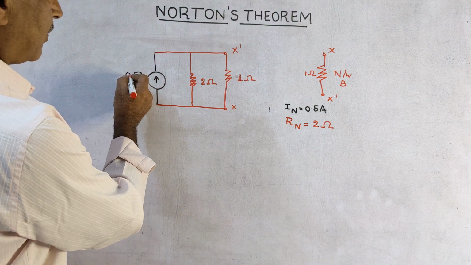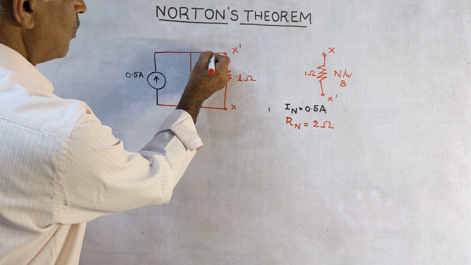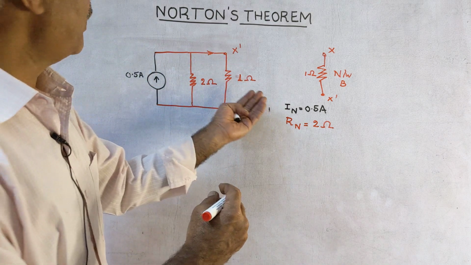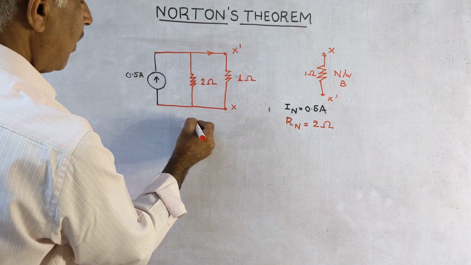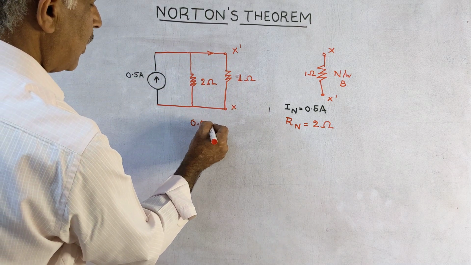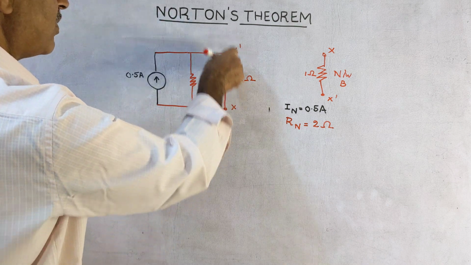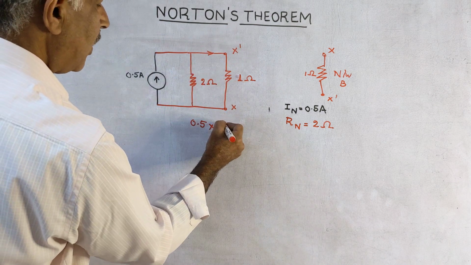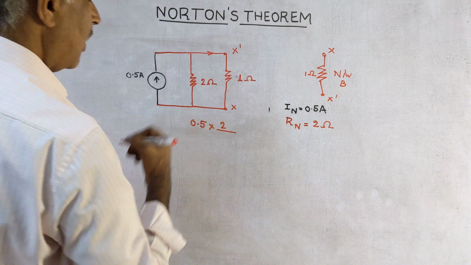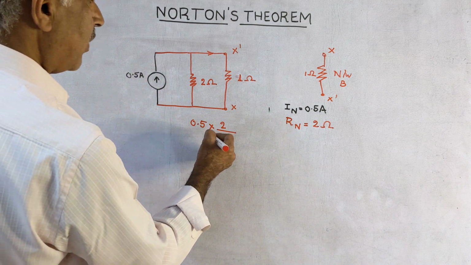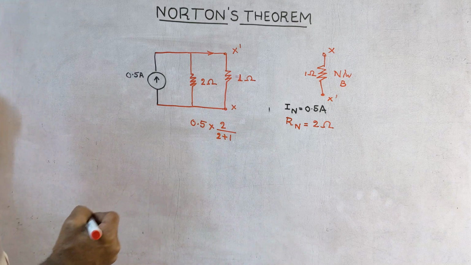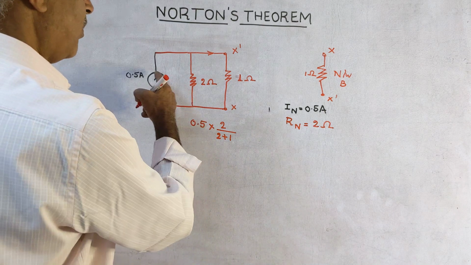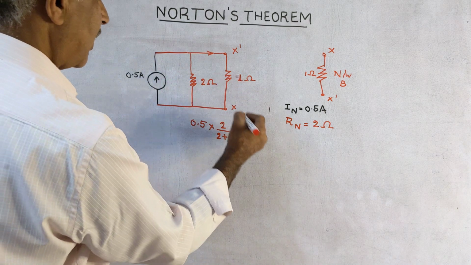Now 0.5 amperes. So what is current through 1 ohm? I have to find what is power dissipation here. Therefore, apply branch current formula. Applying branch current formula, 0.5 into opposite arm resistance divided by the sum of the resistance.